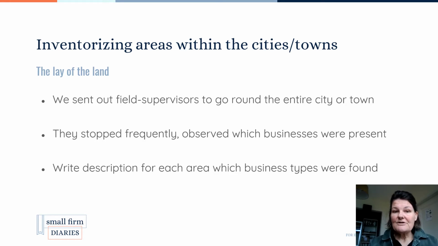So each field researcher will have 2 areas, and then we went about the following process to identify these areas. Field supervisors went right across the towns or the cities that we had selected.